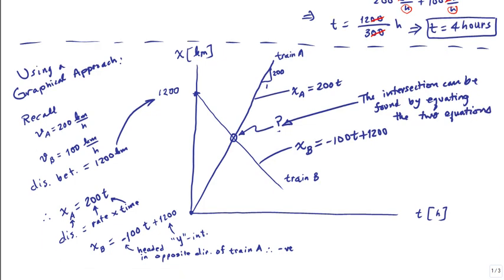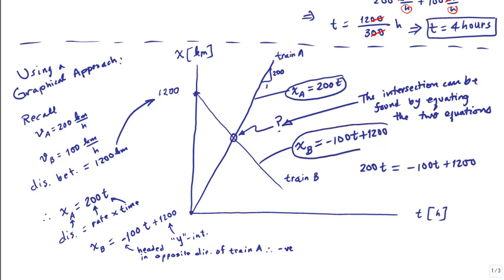So by equating the two, I'll take 200 times the time and equate it to the minus 100 times the time plus 1200. Okay, the 200 times the time came from train A's graph of the straight line, and the minus 100 times time plus the 1200 came from train B's graph of the straight line.